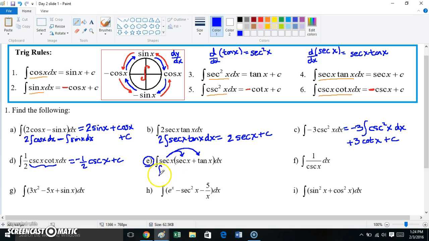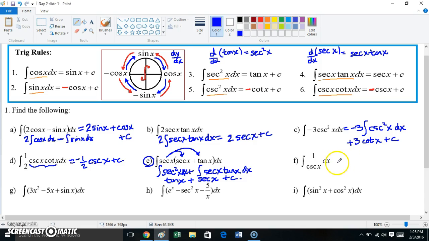We should rewrite this as the integral of secant squared of x plus the integral of secant x tangent x. The integral of secant squared of x is tangent of x. The integral of secant tangent is secant of x plus c.